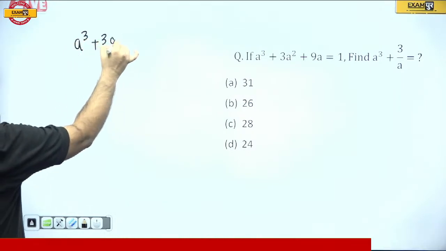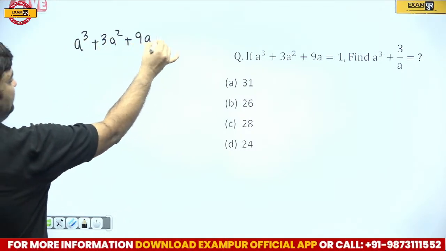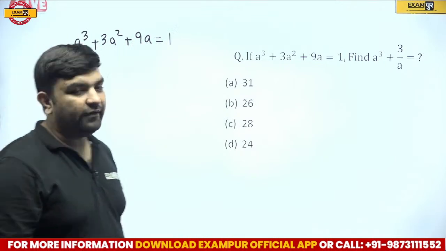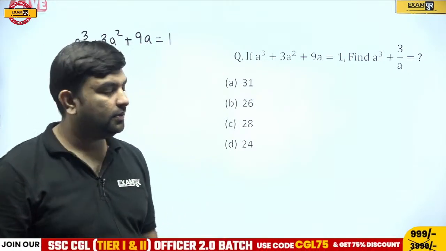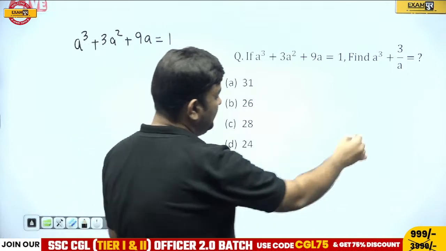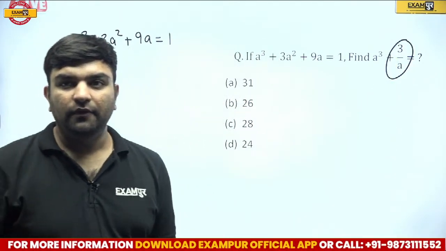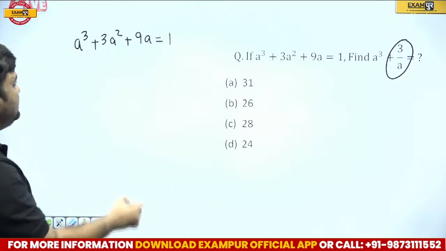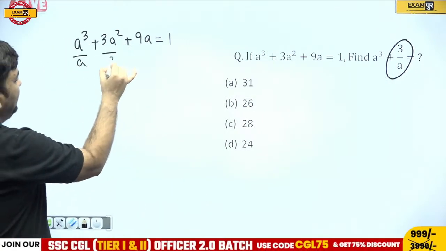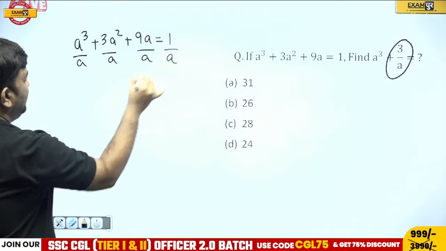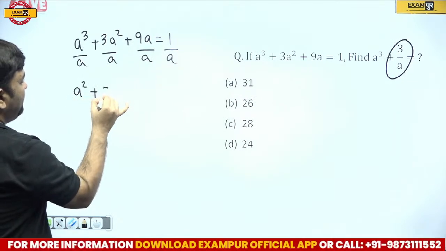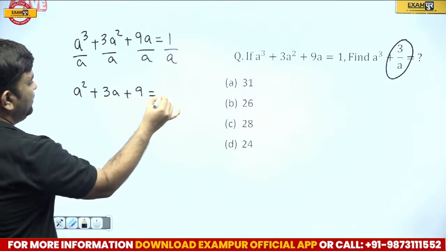a cube plus 3a square plus 9a is equal to 1. What is a cube plus 3 by a? For 3 by a, 1 by a is necessary. So divide by a. a square plus 3a plus 9 is equal to 1 by a.